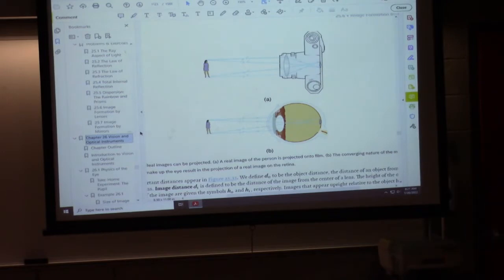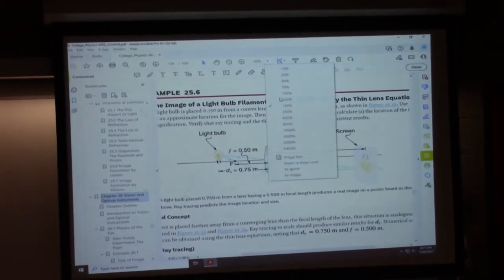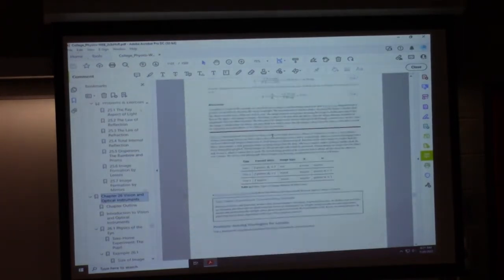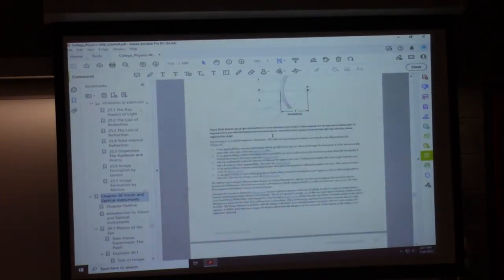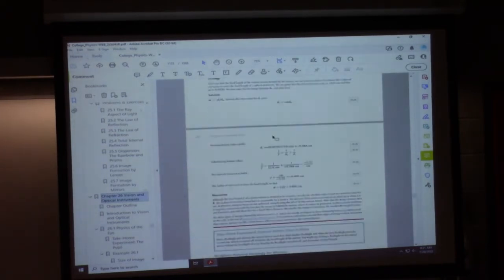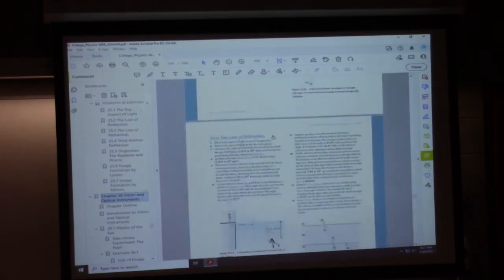Well, let me use this as an opportunity to then scroll back to the start of this chapter, because your author does even a better job with the human eye here in this first section of chapter 26, and he's got a bunch of different pictures of the human eye.